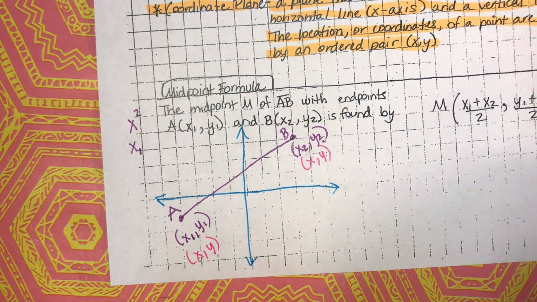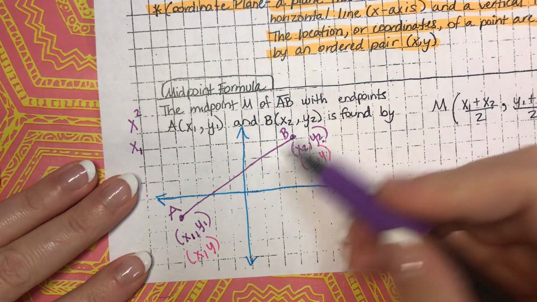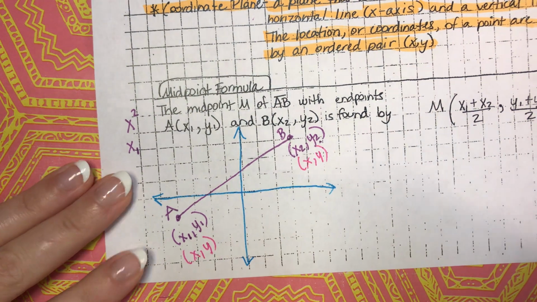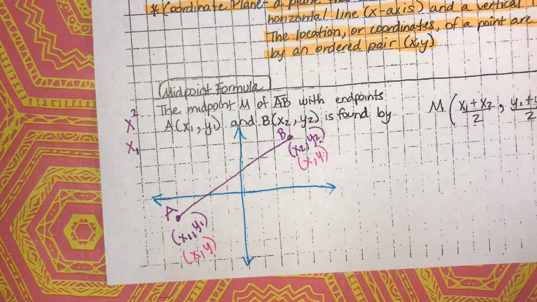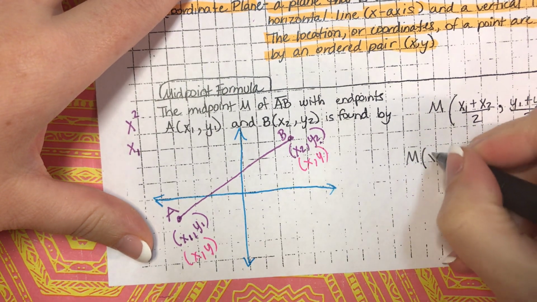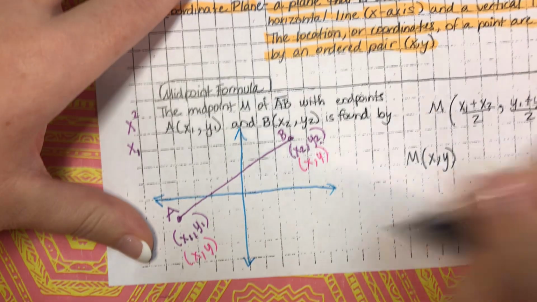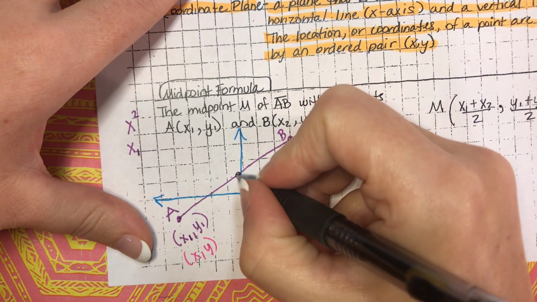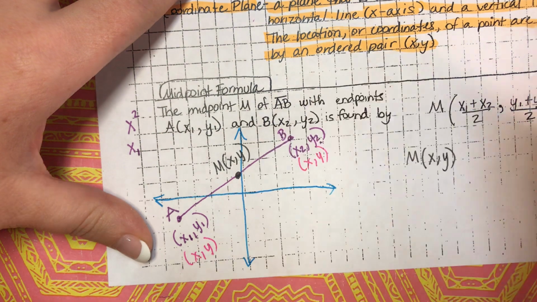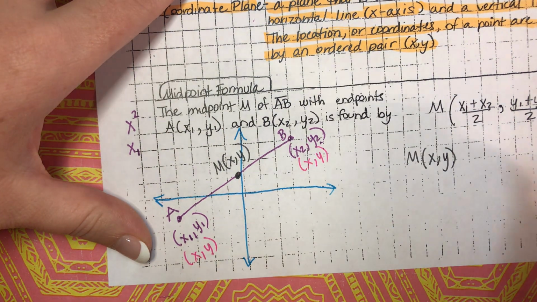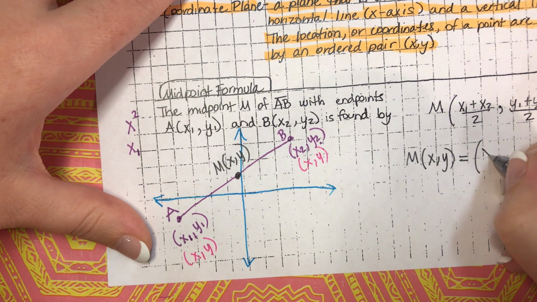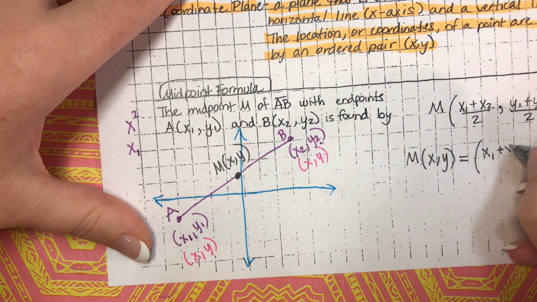So what we're going to do is look at the formula of how to find the midpoint of this line segment. So I'm going to change this formula a little bit, and I'm going to say the midpoint is xy. Okay, that is the midpoint. So somewhere in the middle here, there's going to be a point, and that's going to be the midpoint, and we're going to call that xy. Okay? And we find the midpoint by doing this: x1 plus x2.